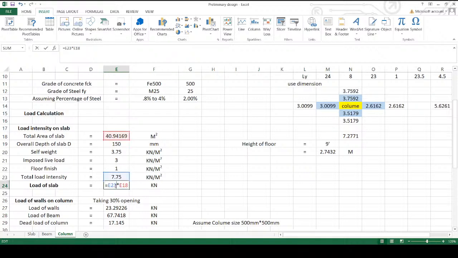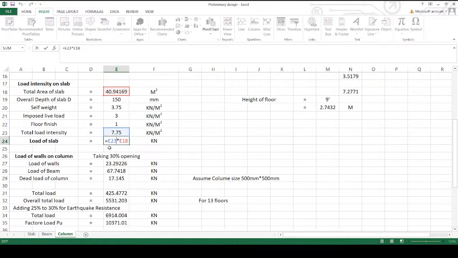The total intensity is the summation of self weight, live load and floor finish load, in kilonewton per meter square, multiplied with the area. Then the load of wall: take 30% opening, so 0.7 into 19.6, that is the unit weight of brick wall, into 0.11, the thickness of wall, 110 mm, into the height of the floor.